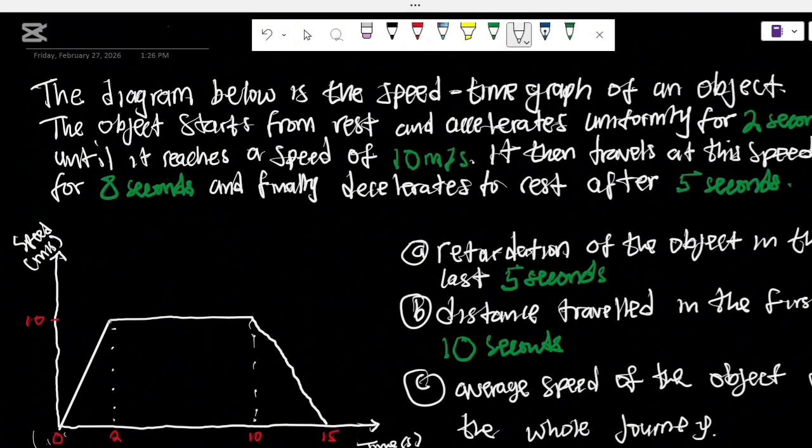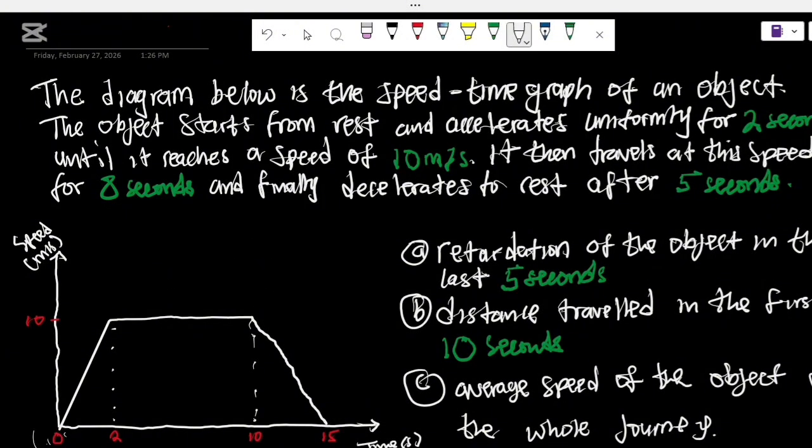And then with this same speed, it travels for 8 seconds from this point to this point. Notice that you have 2 and 10. So it travels at this same speed until it decelerates to rest after 5 seconds. From this point to this point, this is deceleration, from 10 to 15. After 5 seconds, it comes back to rest. And so this is the journey of this particular object.